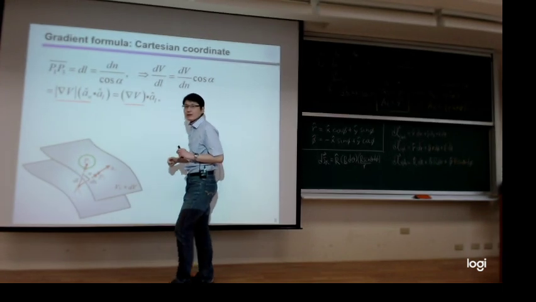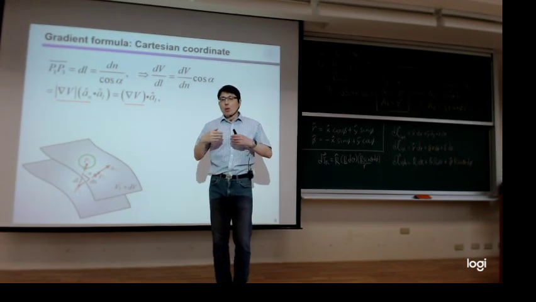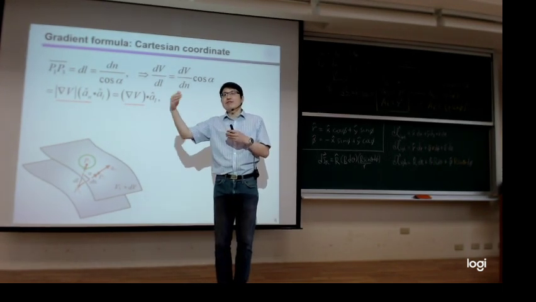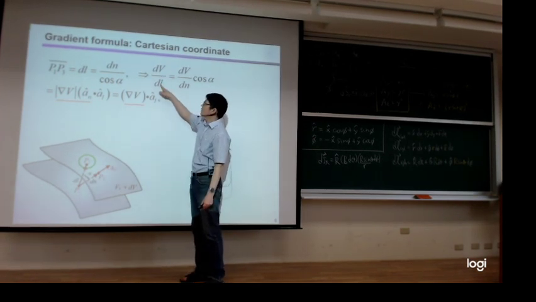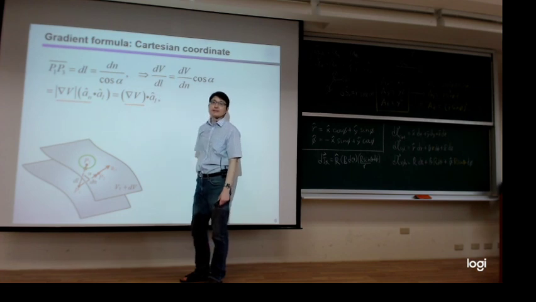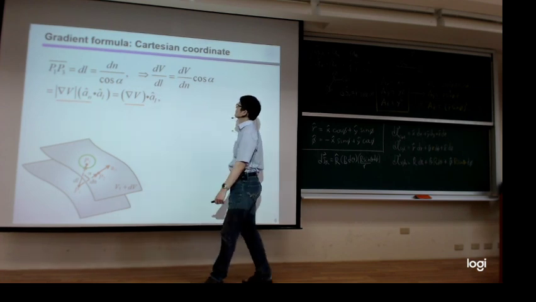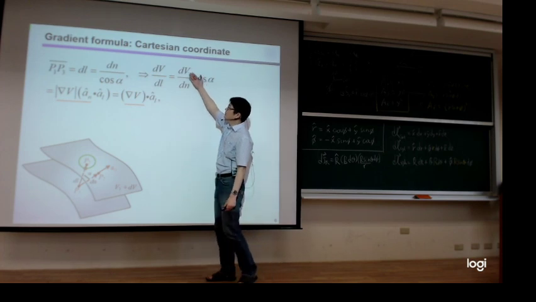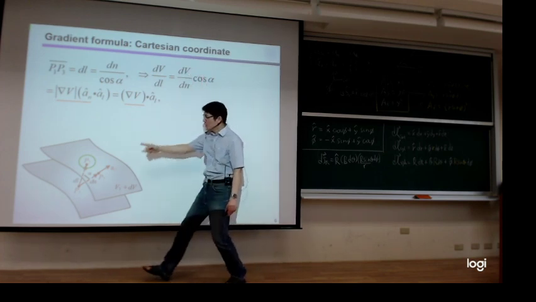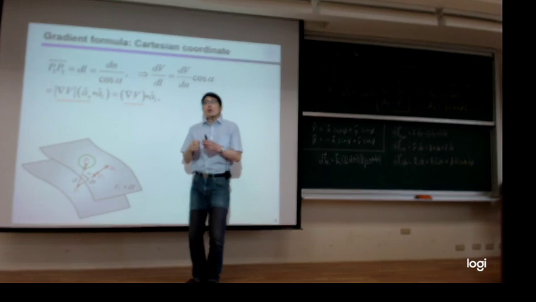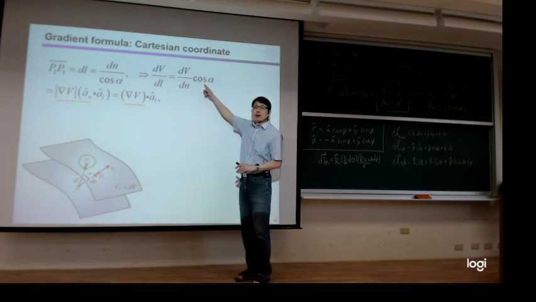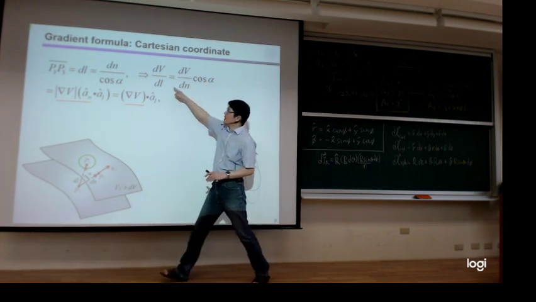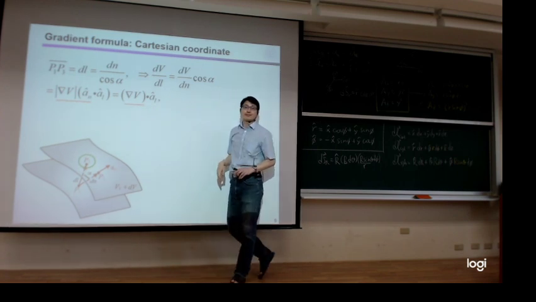Then I want to examine what is the rate of change in V when I take this path: dV along this path. Well, basically, the rate of change along this path is more gradual, right? Less steep. Therefore, it is multiplied by cosine alpha. This is coming directly from here, right?